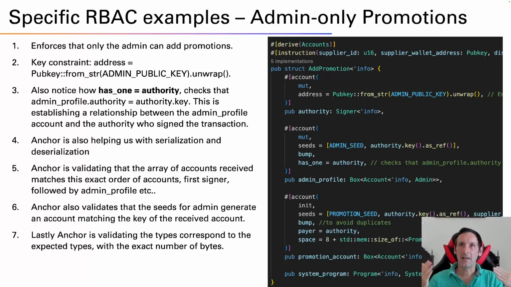So it's important that both the client side and the server side know what the admin's public key is, because it will be used for a multitude of different things, like generating seeds, generating addresses from seeds, and also, in this case, to validate that the account that is the signer is actually the administrator.